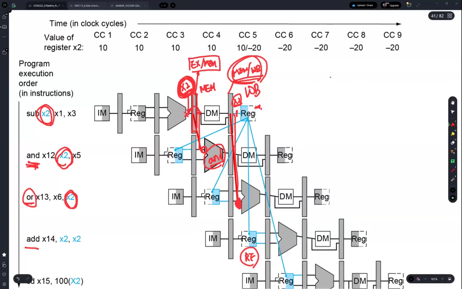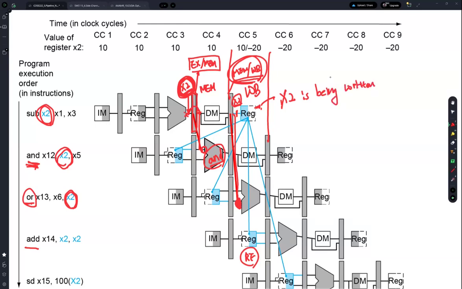So in this clock cycle 5, X2 is being written, and also X2 is read by this add instruction, right?